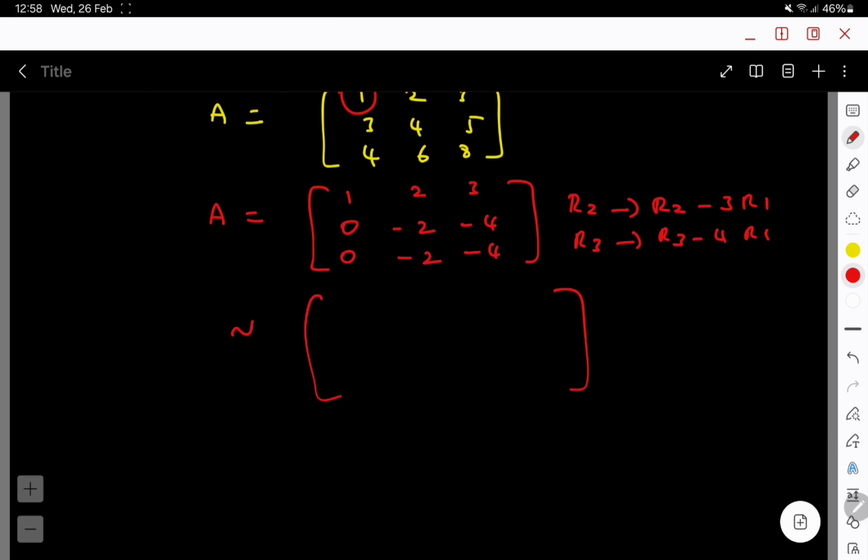Now in the second row, minus 2 is the leading entry, the pivot element. The pivot element is always non-zero and is used to create 0 below it.